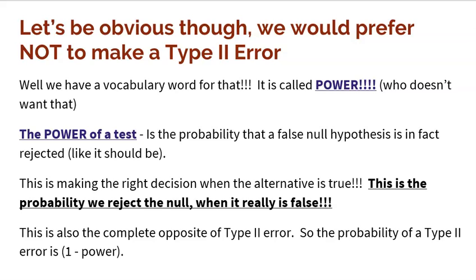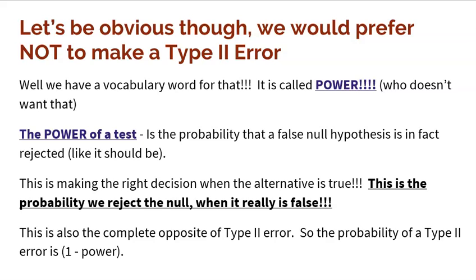Let me remind you, type 2 error is that the alternative is true. The guy is guilty, but the error is that we don't send him to jail, so we failed to reject the null. So power is doing the right thing. Power says you're guilty, the null's wrong, the alternative is true. We're going to go with that. We're going to conclude that. That's doing the right thing. And the probability that that happens is called power.